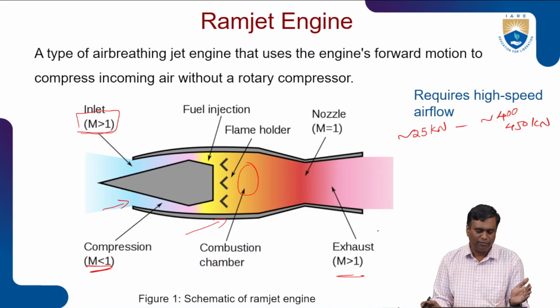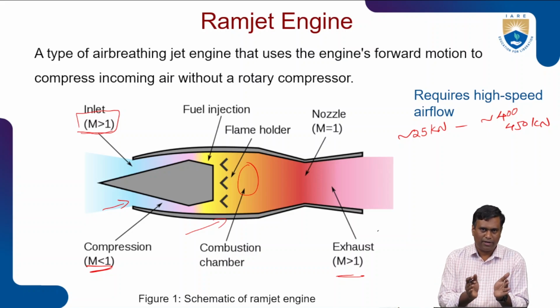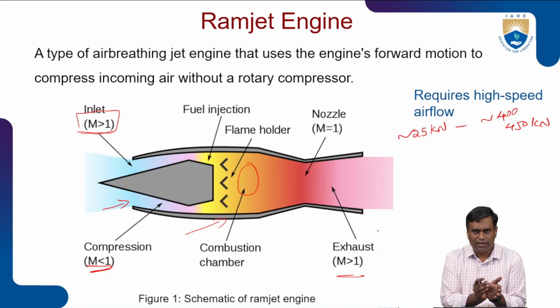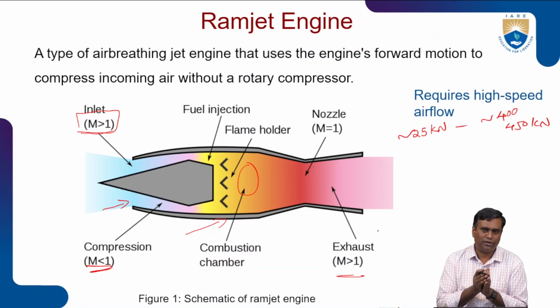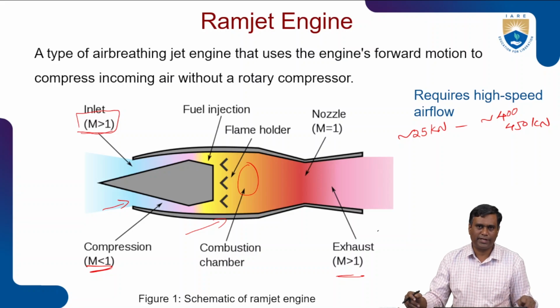Then that inflow will be compressed in the inlet of the ramjet. Pressure increases, it decelerates. Then that high pressure subsonic flow enters the combustion chamber, where fuel will be mixed, and then the exhaust passes through the exhaust section or nozzle, and that's how it generates huge thrust, which gives supersonic speeds.